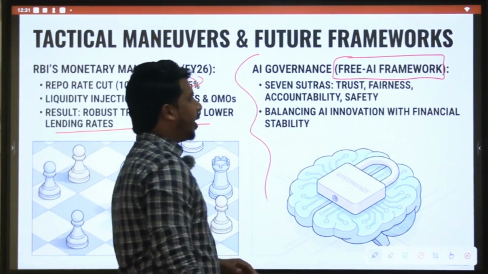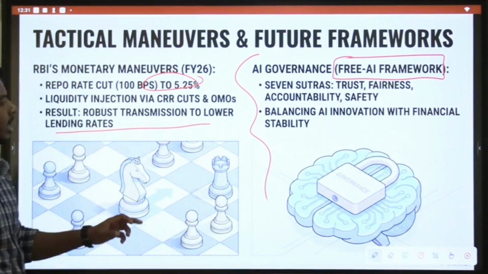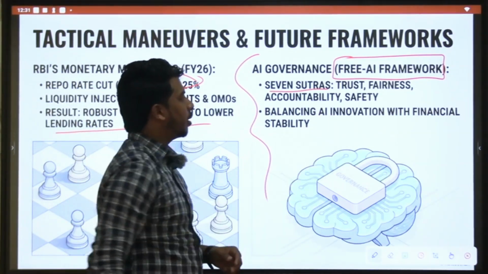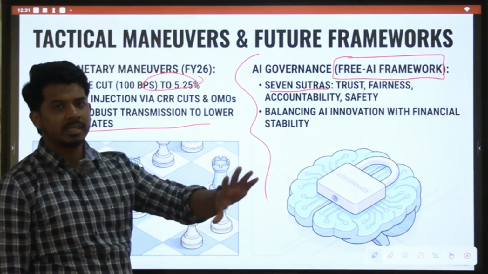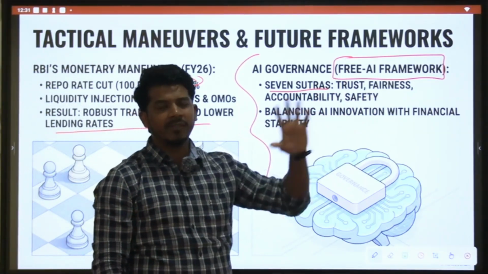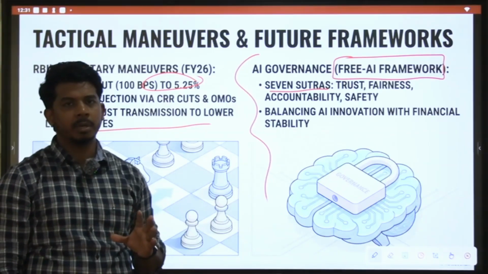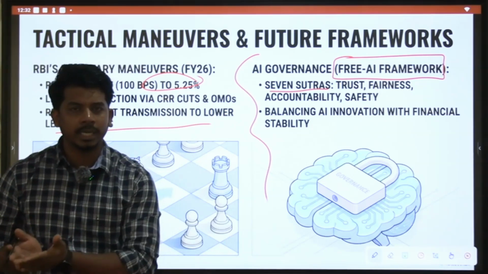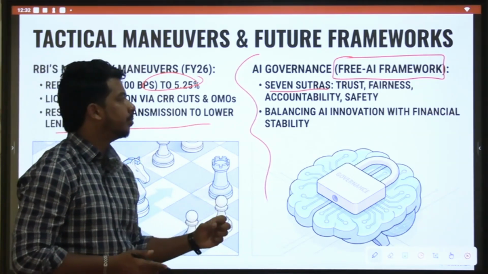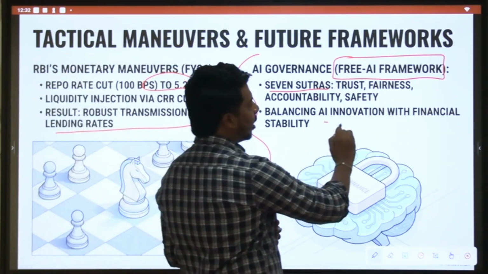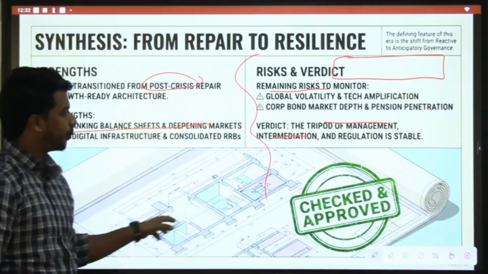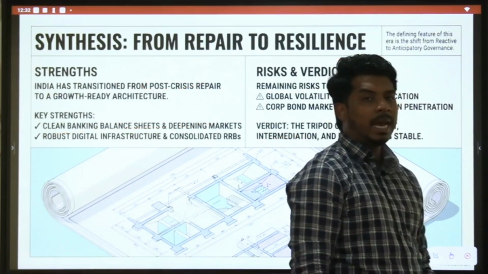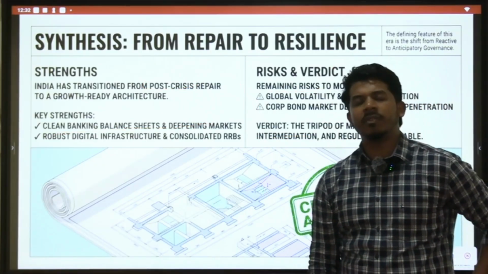RBI has set some parameters, 7 sutras, 7 rules, on how there should be trust in the system, fairness, etc. So read about the FREE AI framework of RBI. It can be important for prelims and mains. It is related to RBI, to balance AI innovation with financial stability. So these are the measures RBI is taking for the betterment of our financial system.